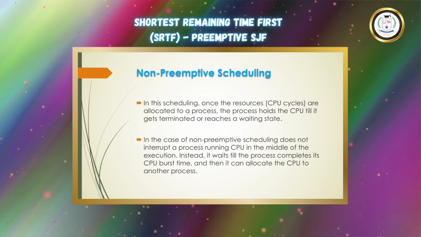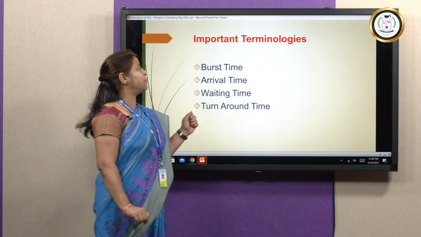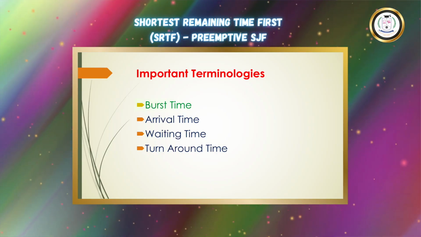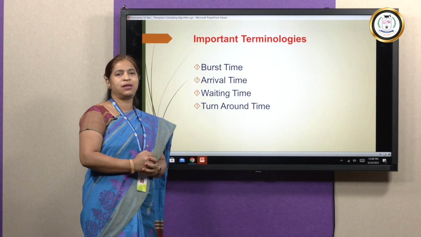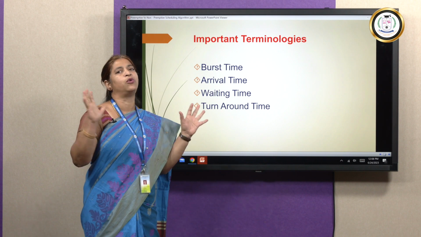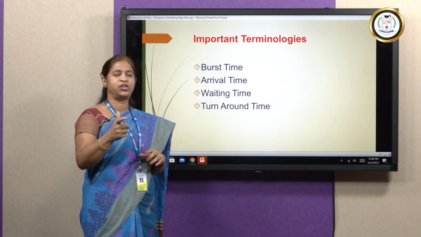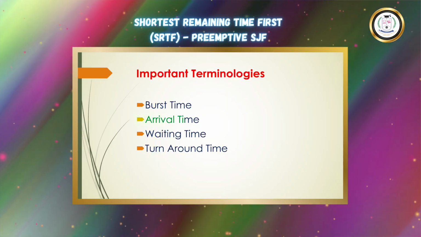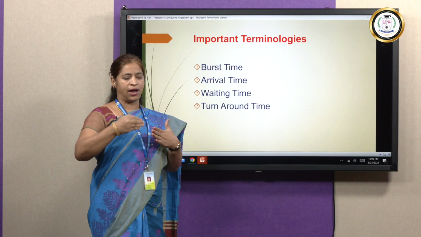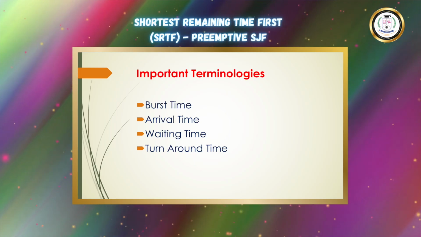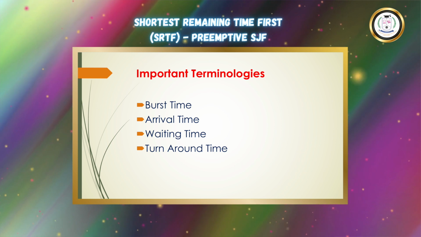Now we are going to see some important terminologies. First, burst time. Burst time is nothing but the time required to complete a particular process. So, the time taken by a process in order to complete the task. Arrival time is nothing but at what time a particular process entered into a ready queue, it arrived.